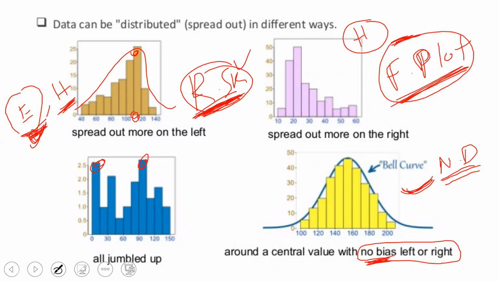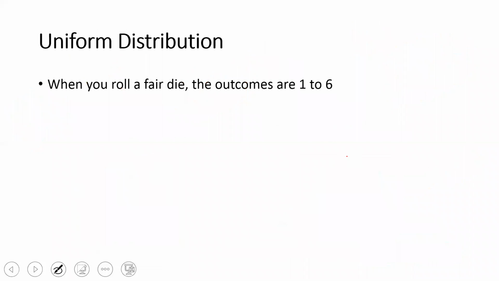Bias means that it will not be skewed towards any direction, not in the right direction, not in the left direction. The highest point will be the average: the average of the x values will have the highest probability. So these are different kinds of distributions that I can have.